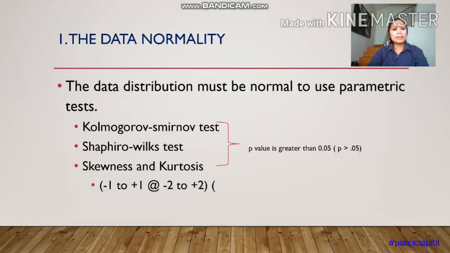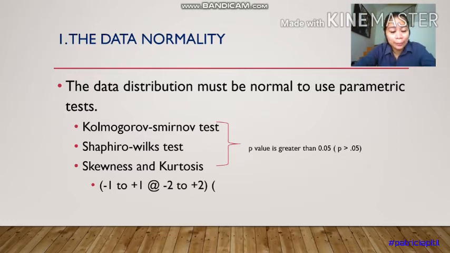First, there are three tests to check that the data collected are normal: the Kolmogorov-Smirnov test, the Shapiro-Wilk test, and skewness and kurtosis. The p-value must be greater than 0.05 to ensure that the data is normal. This test is not for hypothesis testing.